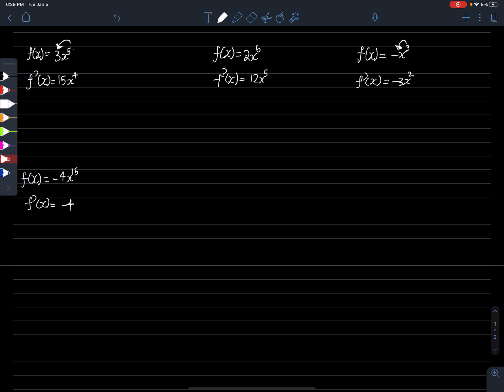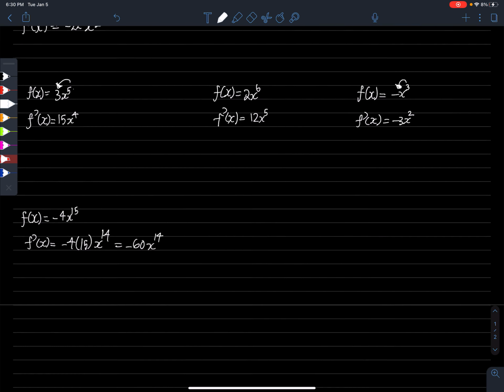Multiply it in, subtract 1, right? Now if you want to do it, 2 times 15 is 30, times 4, 60. So negative 60 times x to the 14.